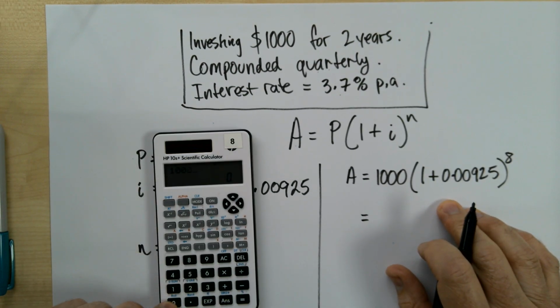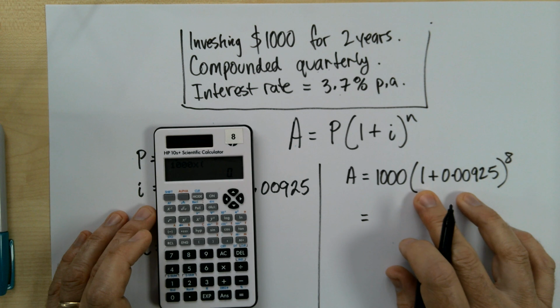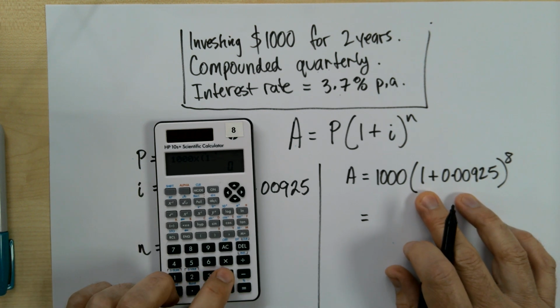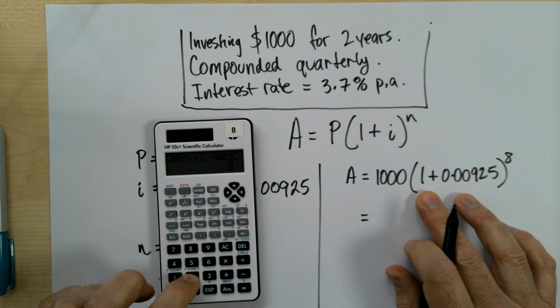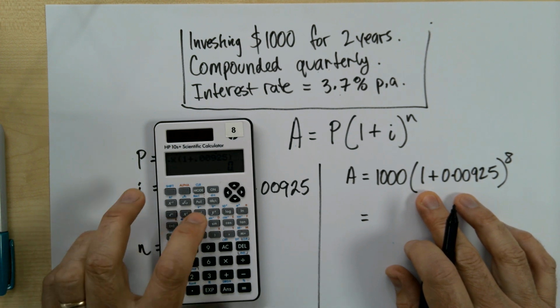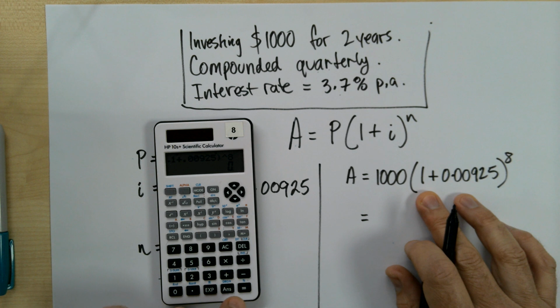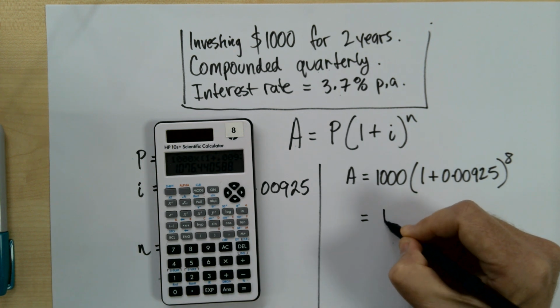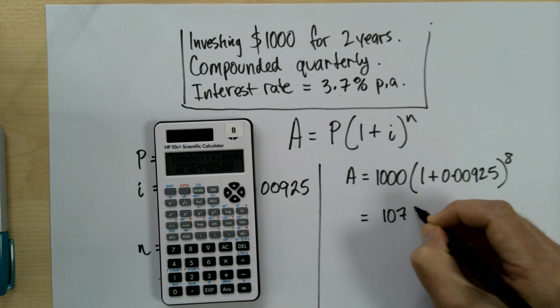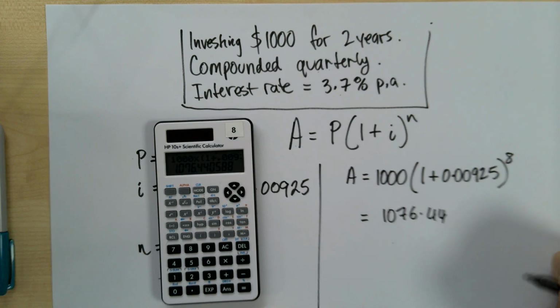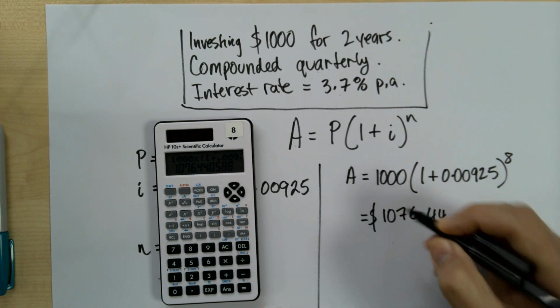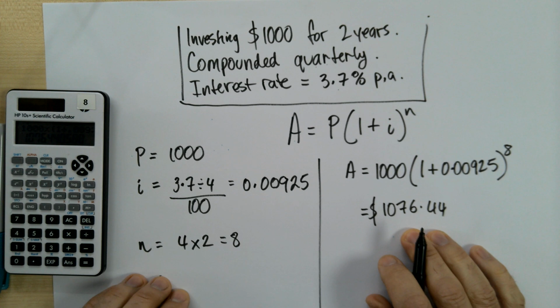Alright, so 1,000 times, open the bracket, 1 plus 0.00925, close the bracket, to the power of 8. Okay, $1,076.44. Okay, so that's how much would be in the account at the end.